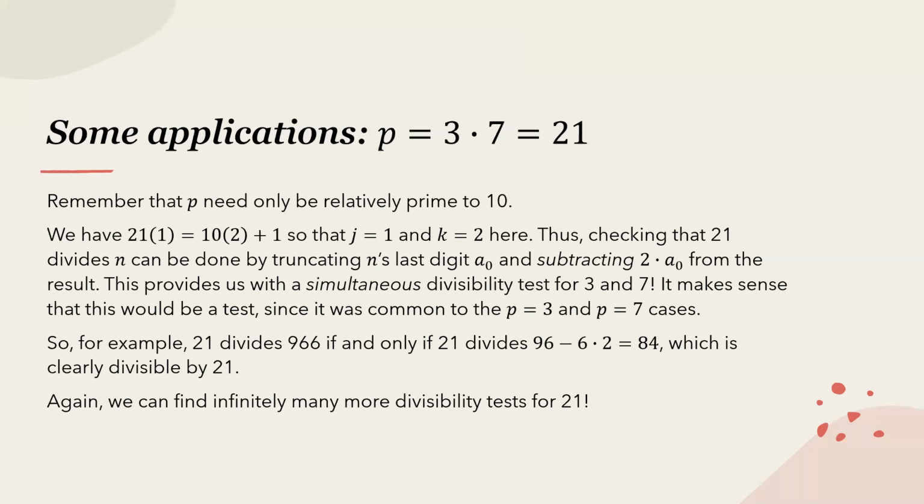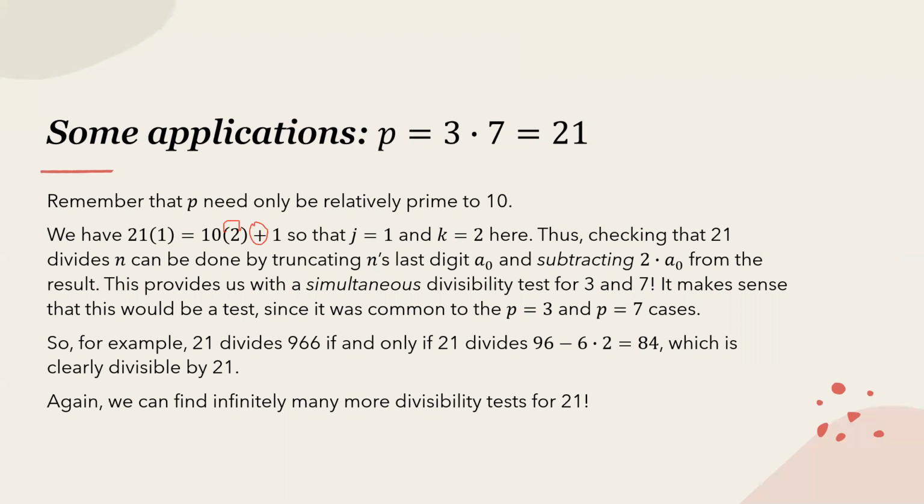So let's look at 3 times 7, shall we? What about 21? Well, that one's easy because 21 is already within one of a multiple of 10. So 21 times 1 is equal to 10 times 2 plus 1. And therefore, what would be a good divisibility test for this?